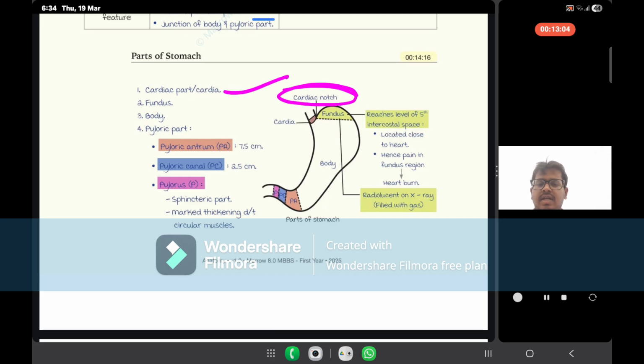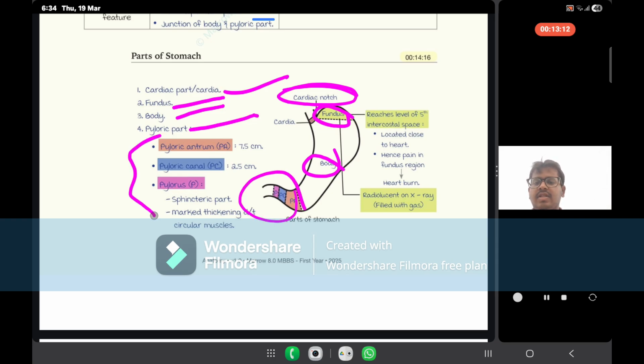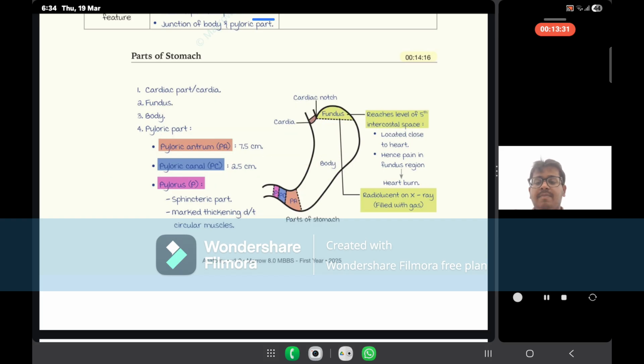Second is the fundus, which is above, third is the body, and the fourth part is the pyloric part. In the pyloric part we have three things: pyloric antrum, pyloric canal, and pylorus. The pyloric antrum is 7.5 centimeters, the pyloric canal is 2.5 centimeters, and the pylorus is very minimal, so the length is not written.